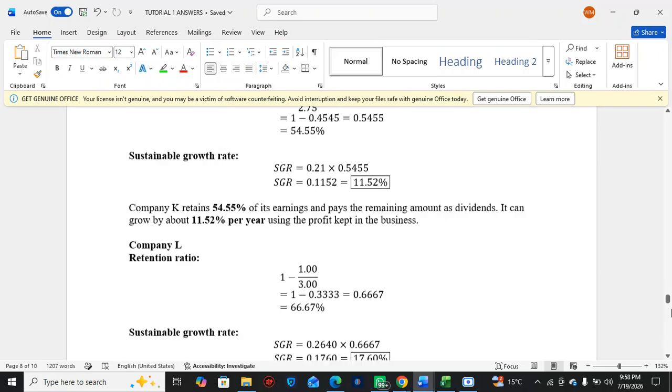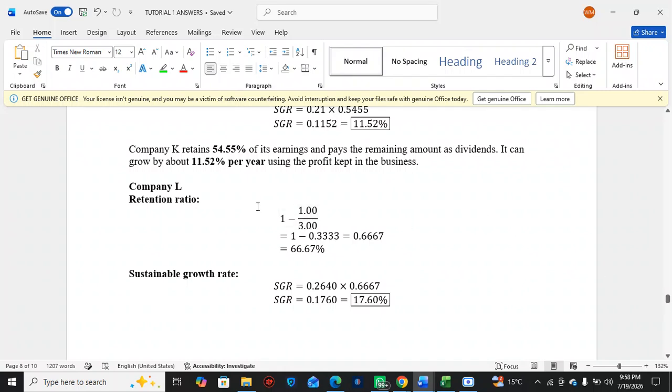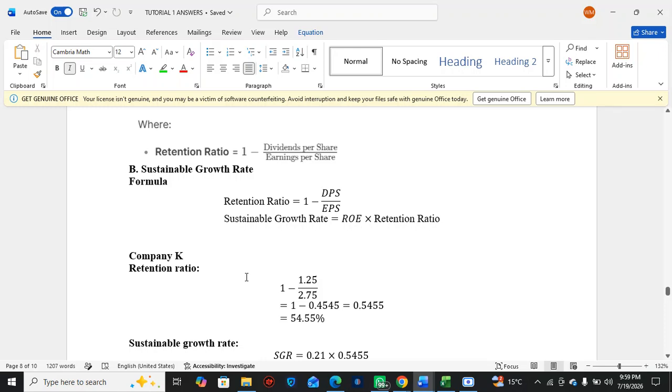So as you can see, company L pays out 33% of its profit as dividends and keeps 67%. Company K was paying out 45% of its profit as dividends, and keeping 55% of the profit.